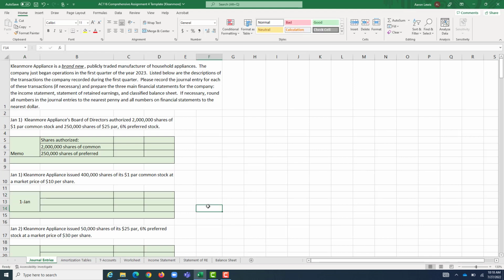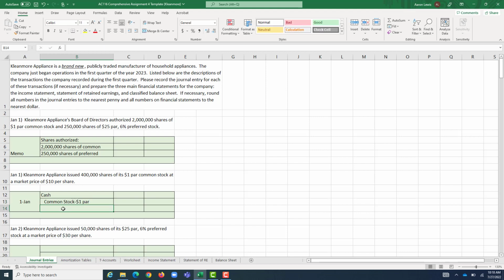The entry to issue shares of stock, be it common or preferred, at a price that is above par is always the same. You're going to have one debit. It is going to be to cash. And you've got two credits. One accounts for the par value of the shares. So I'm going to call this common stock $1 par.